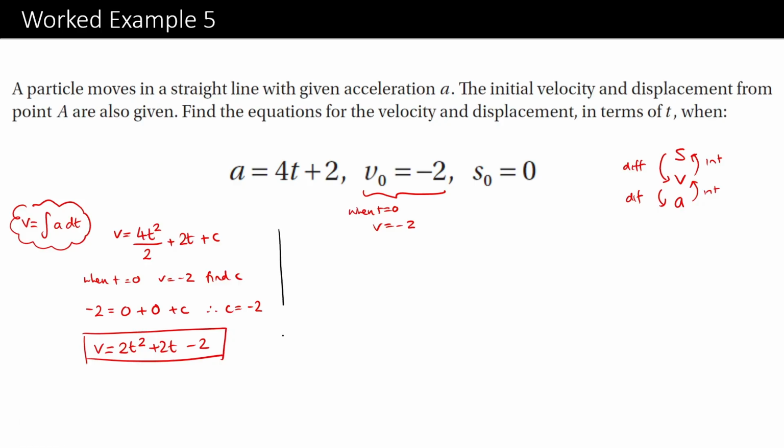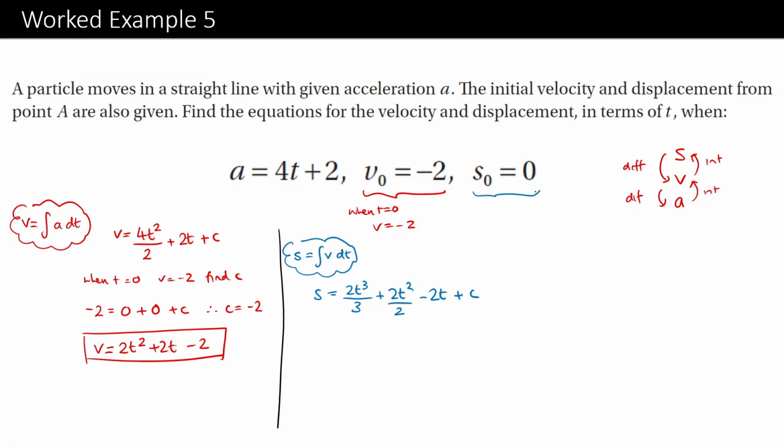Then I can work out what s is using what I've just found. Knowing that s equals the integral of v dt, if I integrate what's in that red box, I get s equals 2t cubed over 3 plus 2t squared over 2 minus 2t plus c.